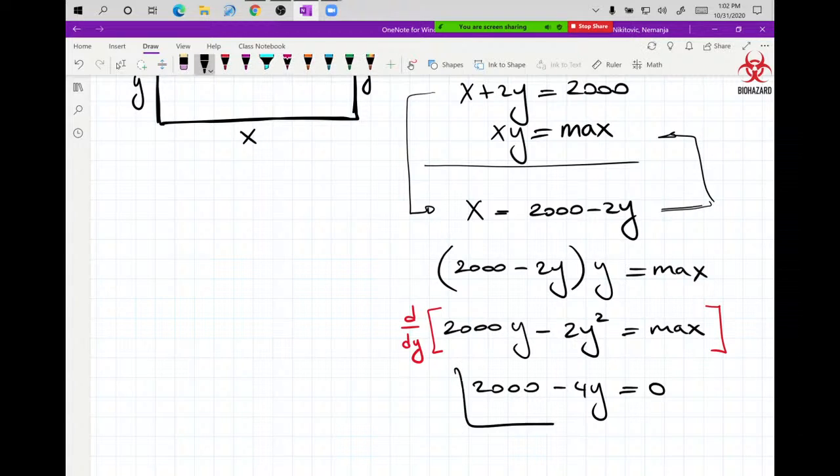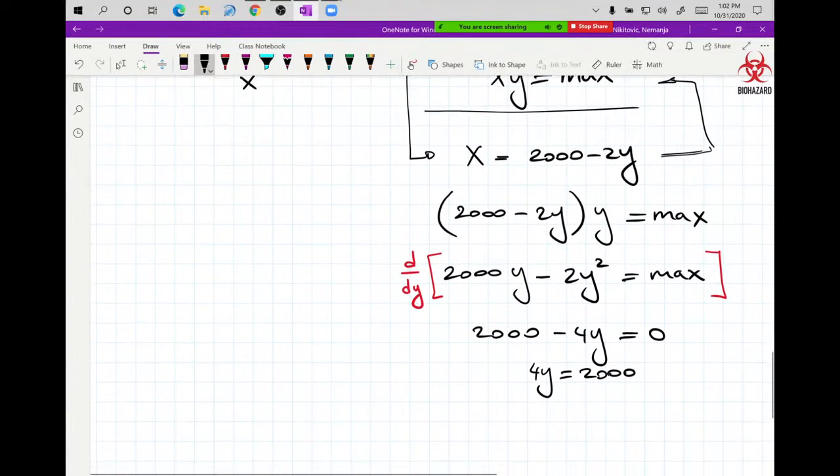And here is your set first derivative equal to 0 story from section 4.1 and 4.3, right? We did that a lot. So now you have that 4y is equal to 2000, and you get that y is equal to 500.